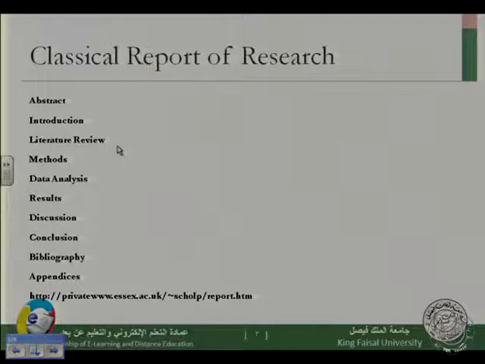Conclusion. If it is a very lengthy research, we need a conclusion from that. You give us the conclusion and a summary about your research to remind us about what you have done through your research. And then bibliography, you give us the list of books and articles, and we have a special way to present bibliography. We talked about APA style, and this is closely related to writing the bibliography and references.